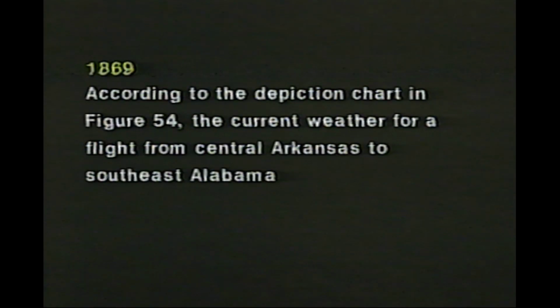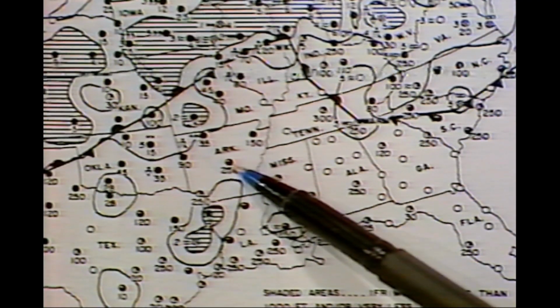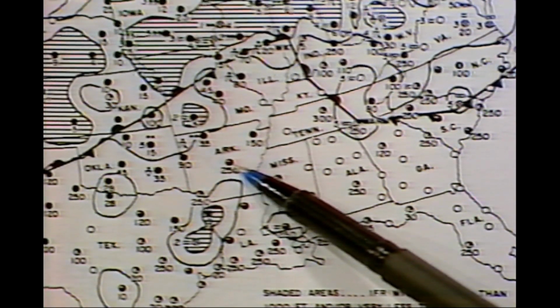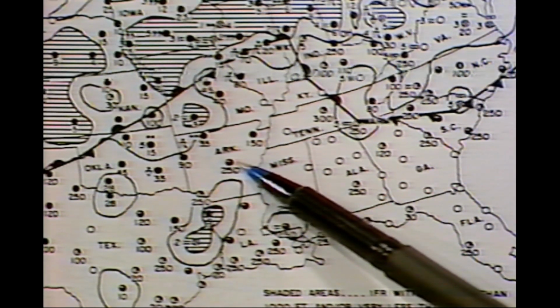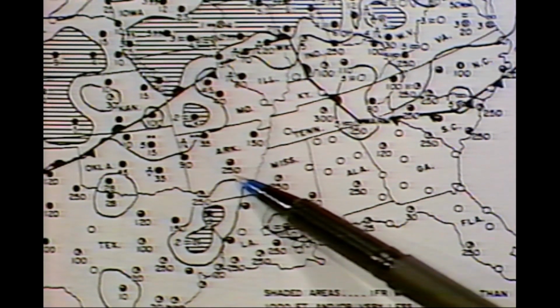869. According to the depiction chart in figure 54, the current weather for a flight from central Arkansas to southeast Alabama is? Well, for Arkansas, we can see central Arkansas here. We have a circle with about 3/4 of it blacked in. That's broken clouds, and the ceiling is 25,000 feet.